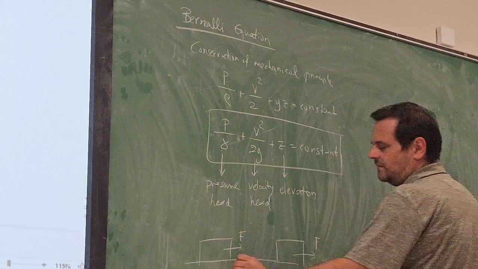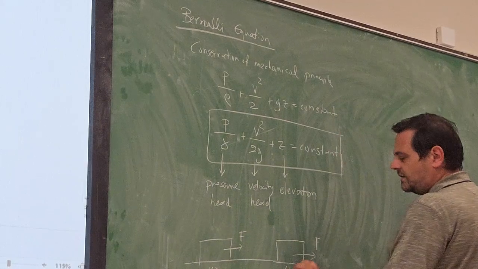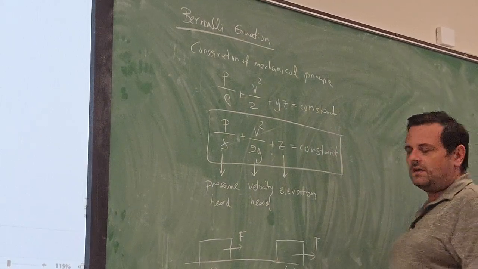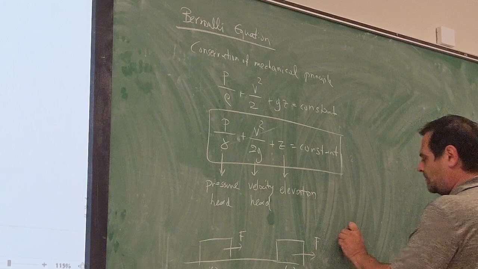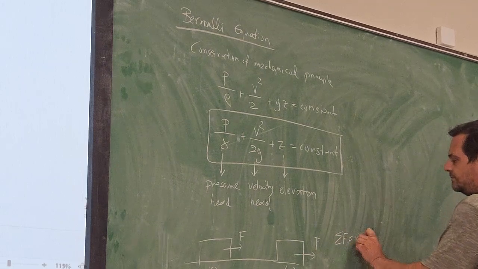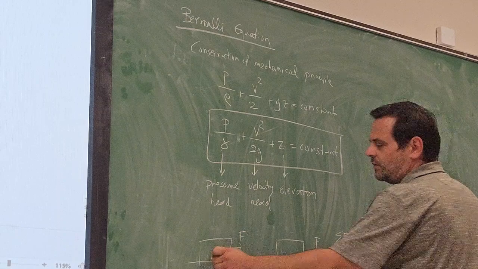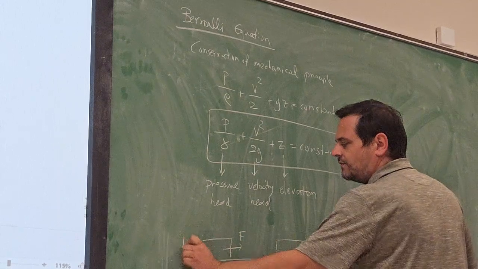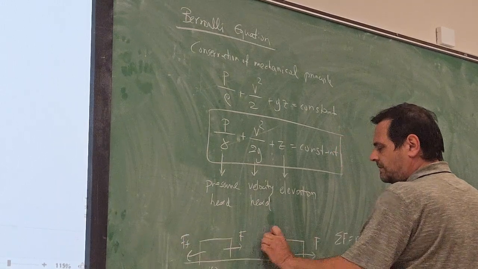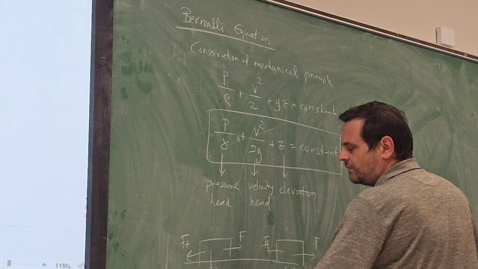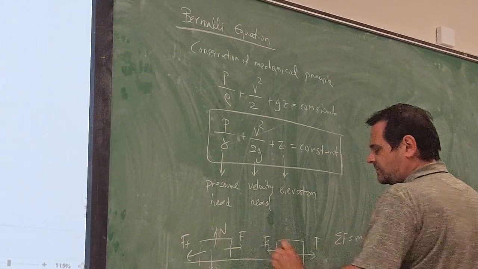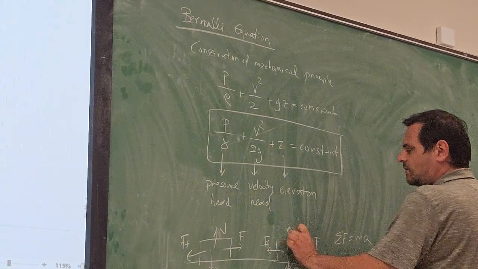I'll make it very simple now. From location 1 to location 2. You have the frictional force here, obviously. You have the weight of the object and the normal force, weight and normal.